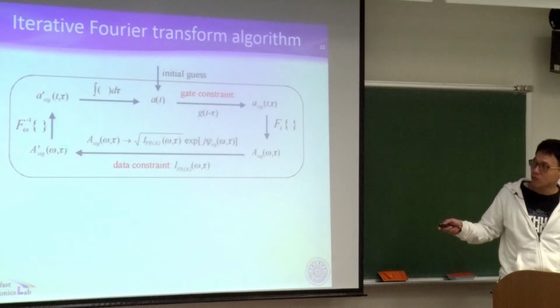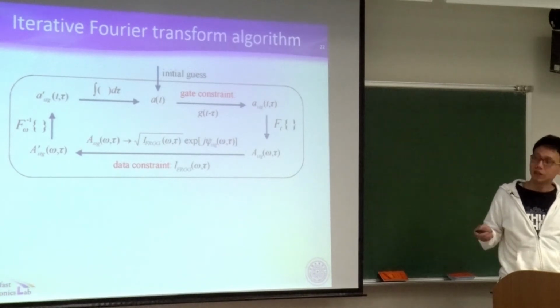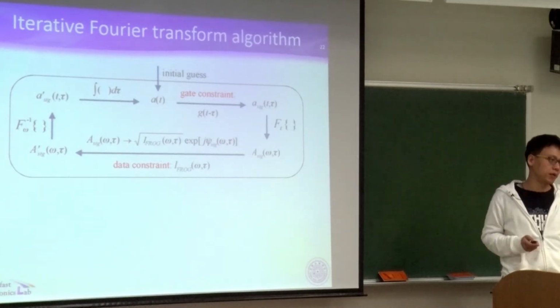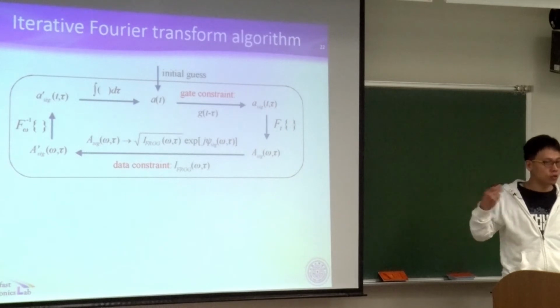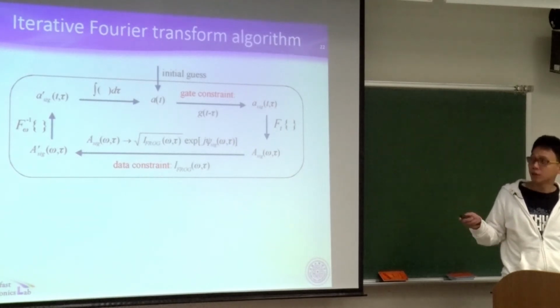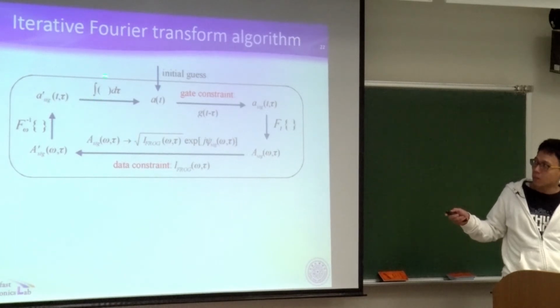Then performing inverse Fourier transform back to the time domain, you got updated or modified gated signal in the time domain. Then according to our previous analysis, you just need one-dimensional integration with respect to delay tau.